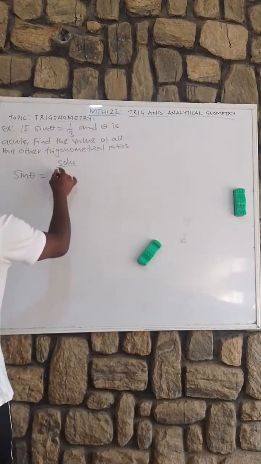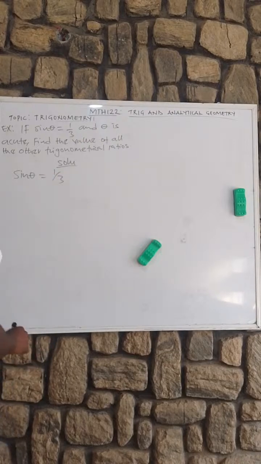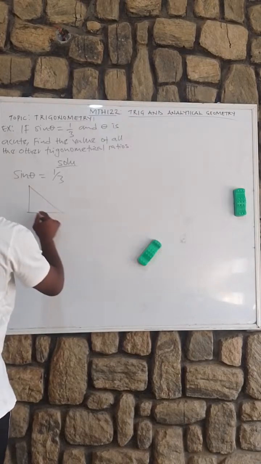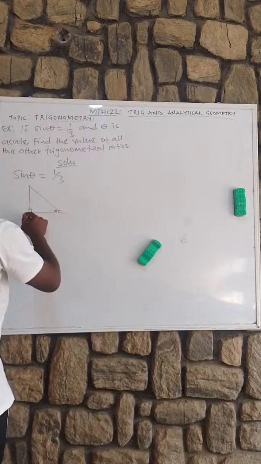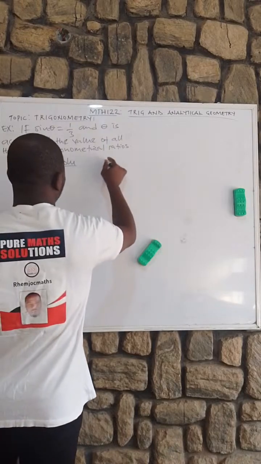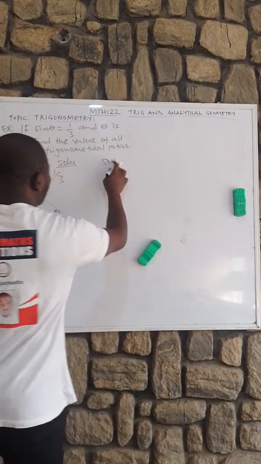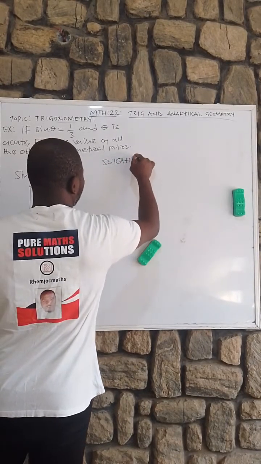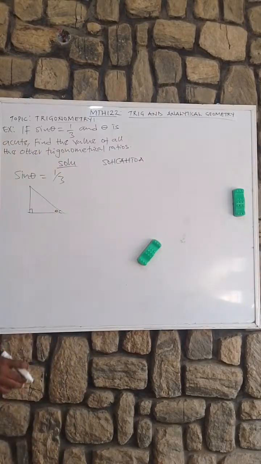So what we need to do here is, note that our sin theta is 1 all over 3. So let us have our right angle triangle. This is theta, right? So SOHCAHTOA. Recall your SOHCAHTOA is very important at this point.